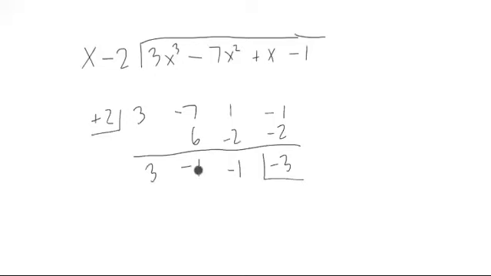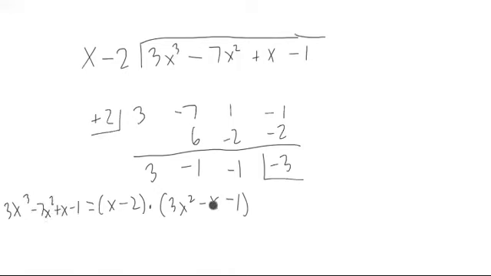So what we could do is think that x minus 2 times this, 3x squared minus x minus 1, which comes from the quotient. So the divisor times the quotient is going to be fairly close to the dividend, which is 3x cubed minus 7x squared plus x minus 1, but not quite.